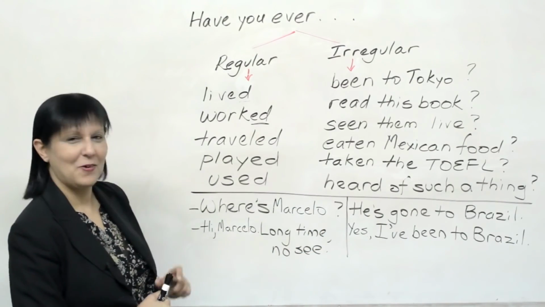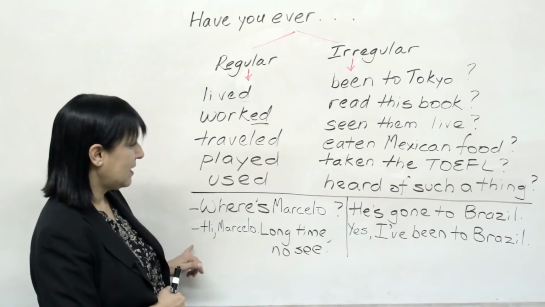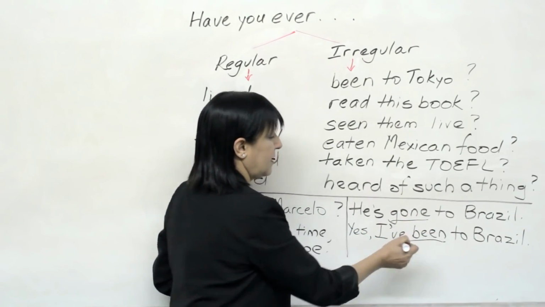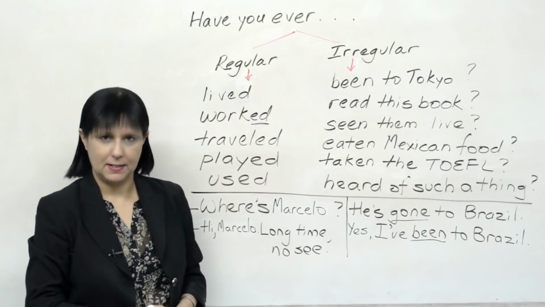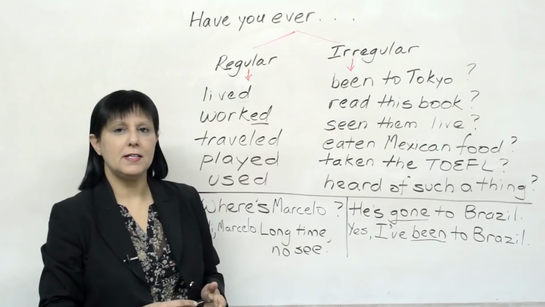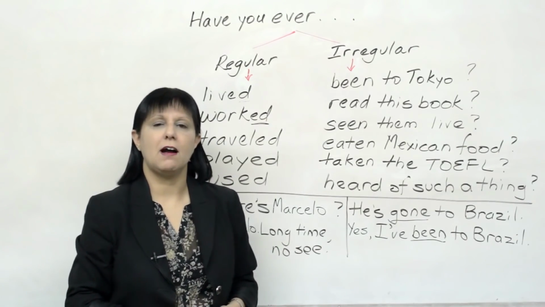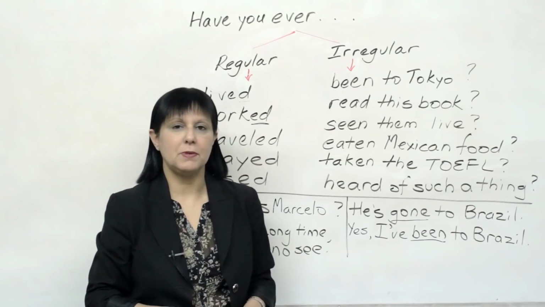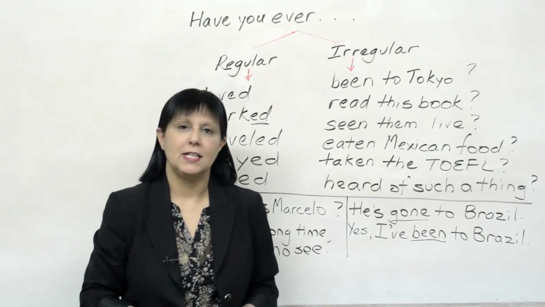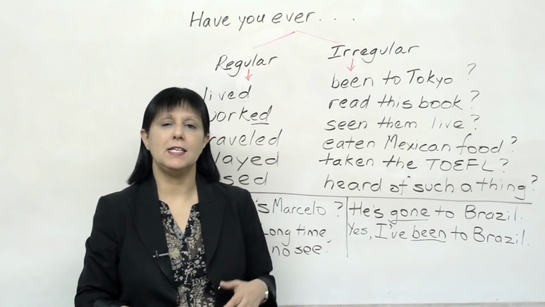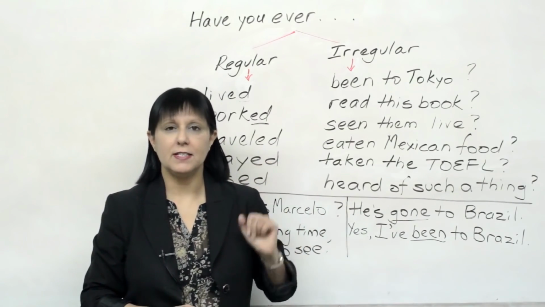All right? Now, one other point, and that's the difference between these two words, gone and been. So when we use them in a sentence, it makes a difference if you say I have gone somewhere or I have been somewhere. And especially if you're talking about someone else, if you say that he has gone somewhere, or if we say he has been somewhere, there is a difference.